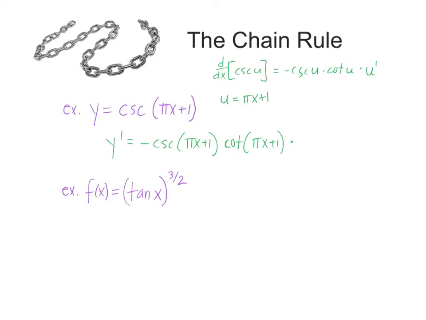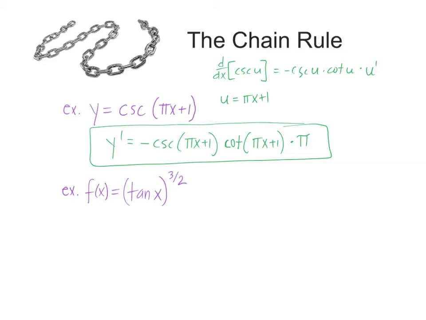If the u is pi x plus 1, the derivative of that is pi. Pi is a constant, just like if it were a 2. So you could move that pi to the front, you could leave it at the back, probably would be at the front in a multiple choice answer, but as long as you've got it in there, you're good. All right, that's a trig where the derivative of pi x plus 1 has to be tacked on to the end.